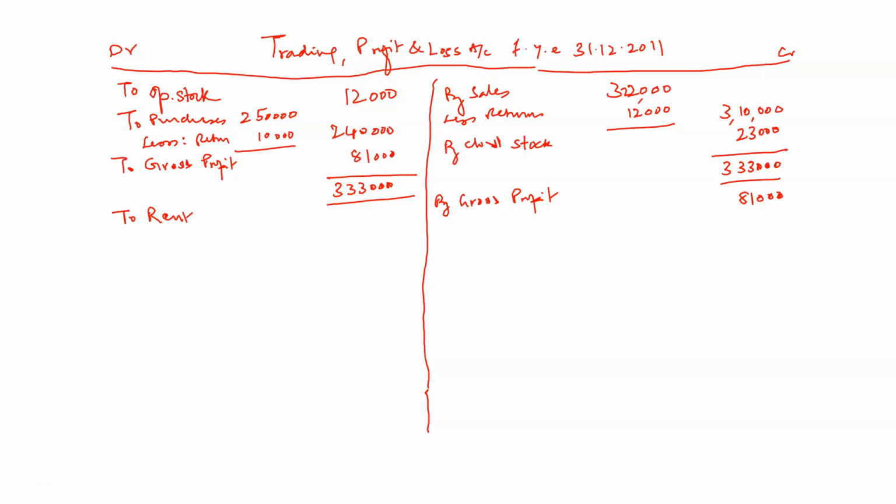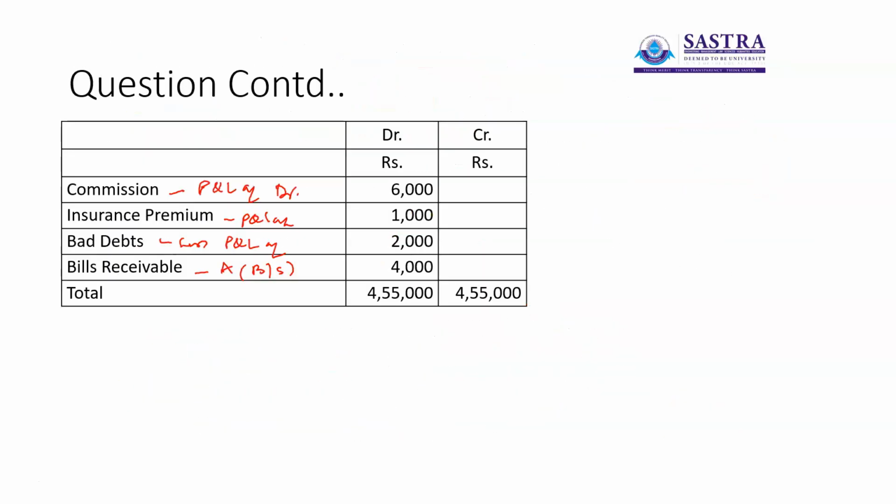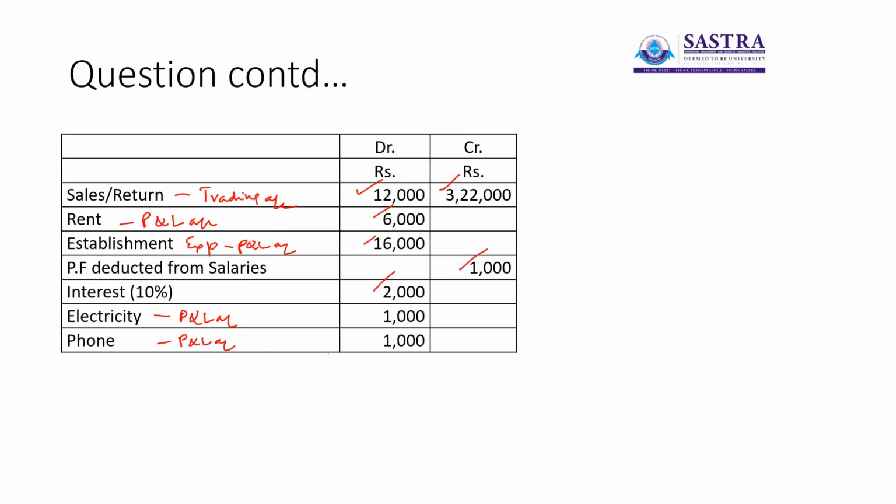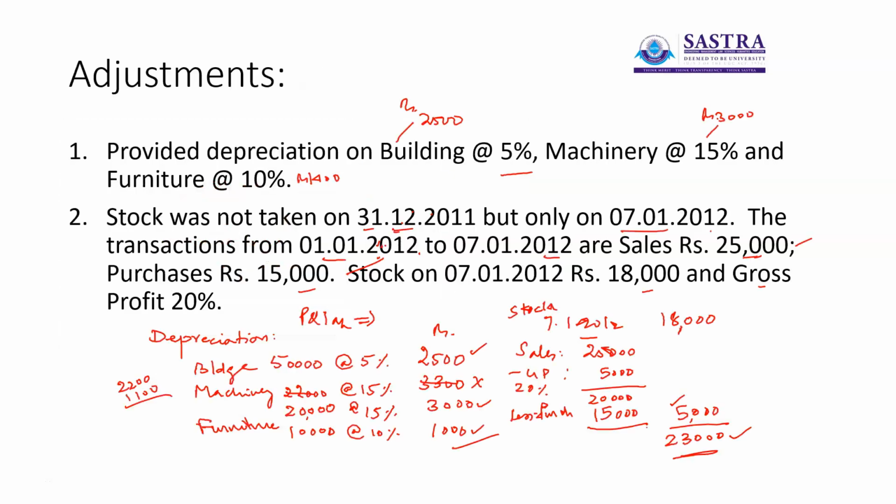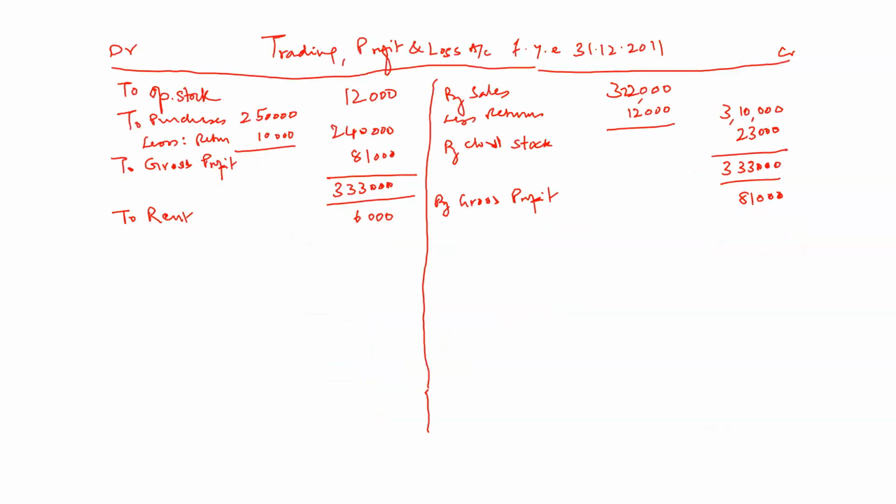Rent rupees 6,000. Then going by the trial balance, establishment is 16,000. Establishment 16,000.